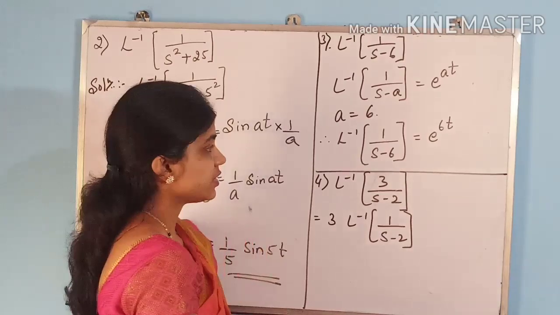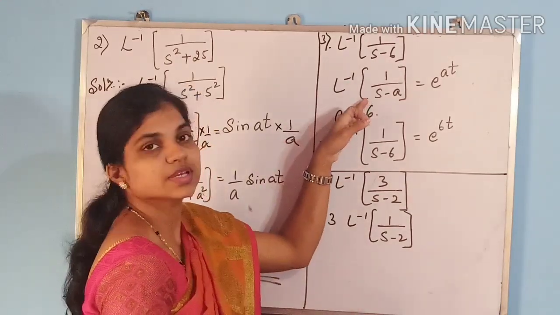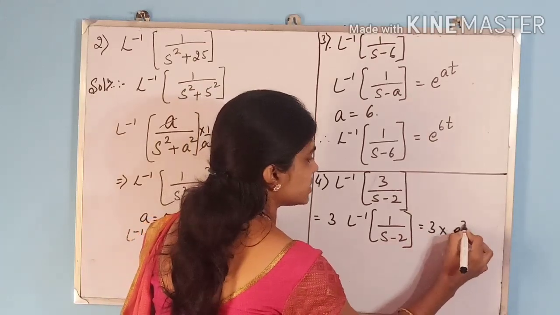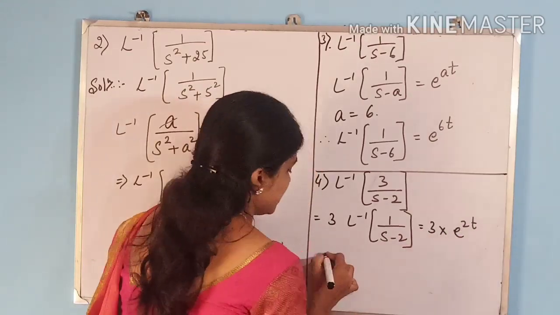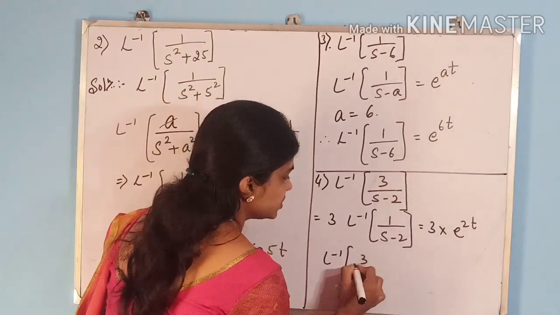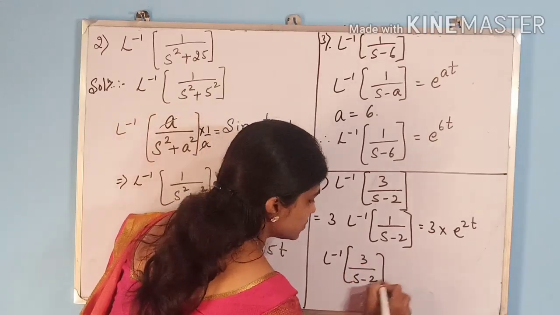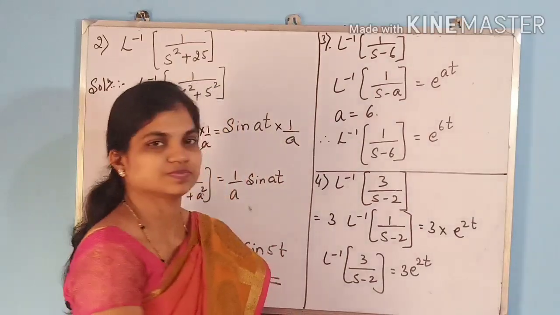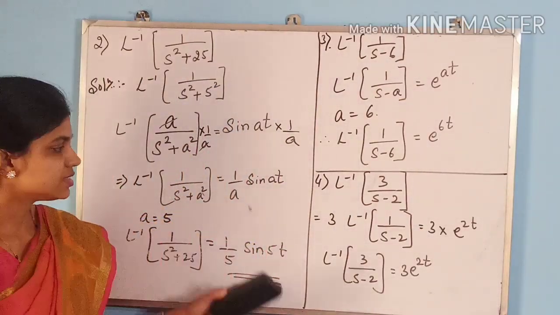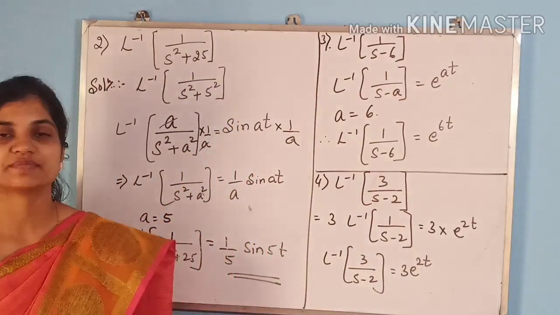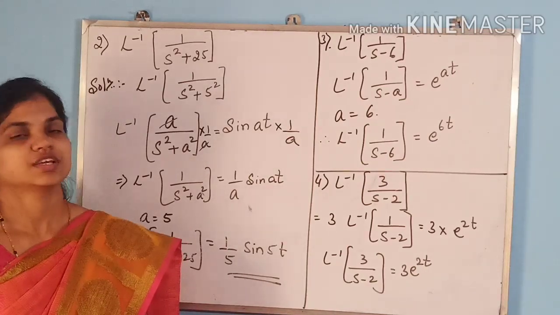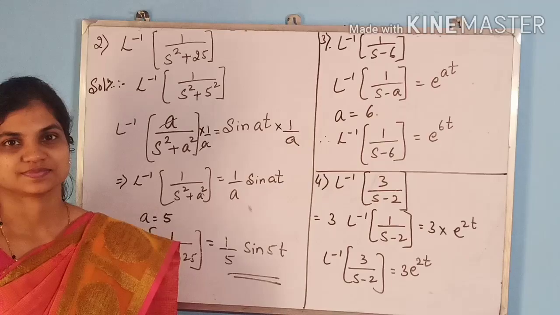Right? So now again we are back to the same expression. So Laplace inverse of 3 by s minus 2 is equal to 3 e raised to 2t. And this is how inverse Laplace transform is very easy to solve, only if you know the formulas.